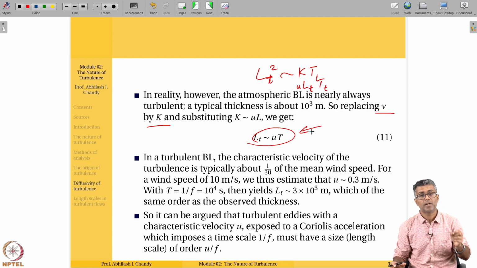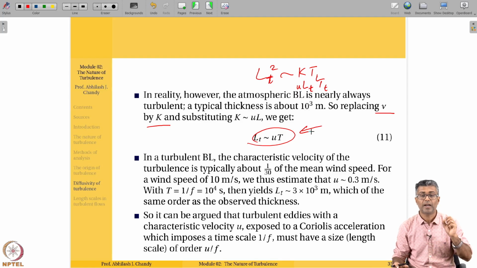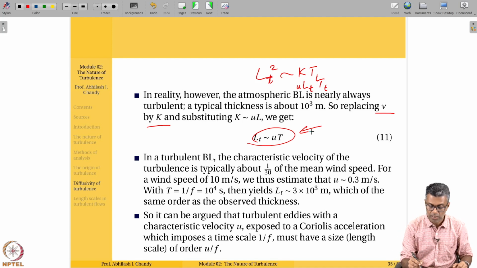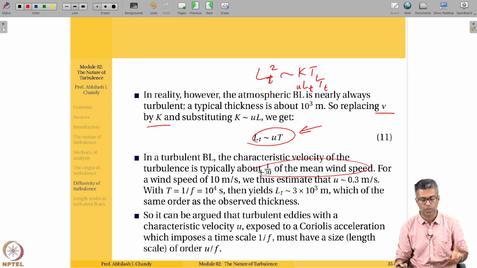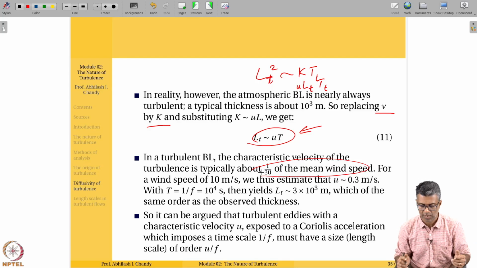The only similarity is the fact that we still need to identify a characteristic velocity scale. So in the atmospheric boundary layer, the characteristic velocity is approximately 1/30th of the wind speed, with a wind speed of approximately 10 meters per second. These are just estimates. We estimate that U is approximately equal to 0.3 meter per second, like we have here.